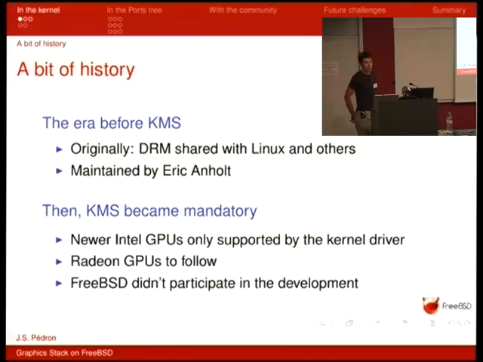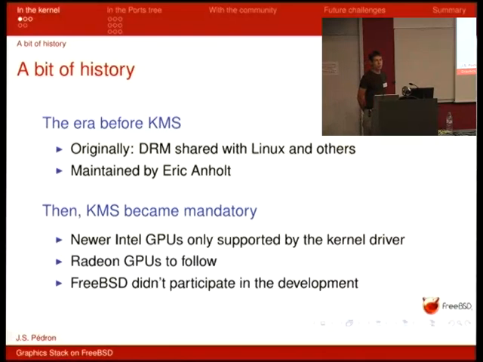At that time, FreeBSD was happy to continue with the old UMS driver, but at some point, newer hardware was only supported by the kernel driver. Intel GPUs were first, then Radeon. A quick note on NVIDIA, they provide their own driver for FreeBSD. That's why there was no pressure on this side. However, we were stuck with the Intel and Radeon GPUs.